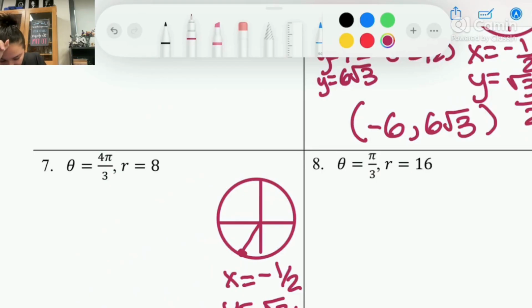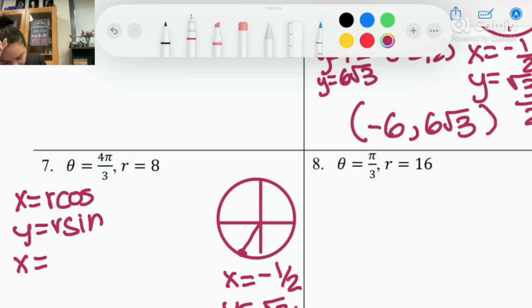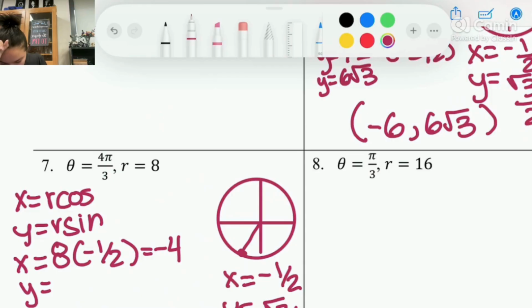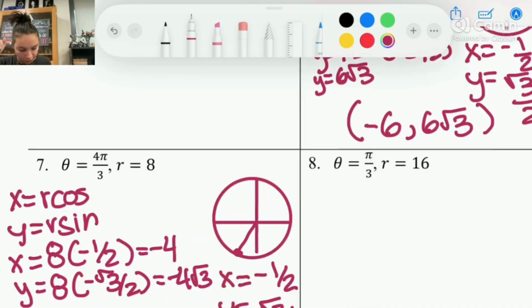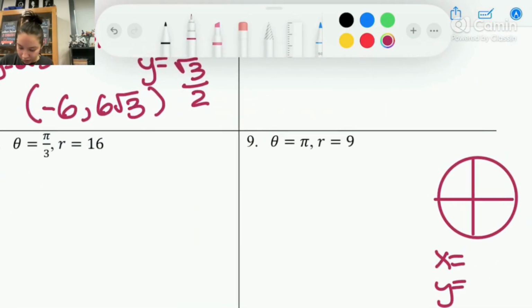So you would take x is equal to r cosine, y is equal to r sine. x is equal to 8 times negative 1/2, which is equal to negative 4. y is equal to 8 times negative square root of 3 over 2, which is equal to negative 4 square root of 3. So that means your final coordinates would be negative 4 and negative 4 square root of 3.